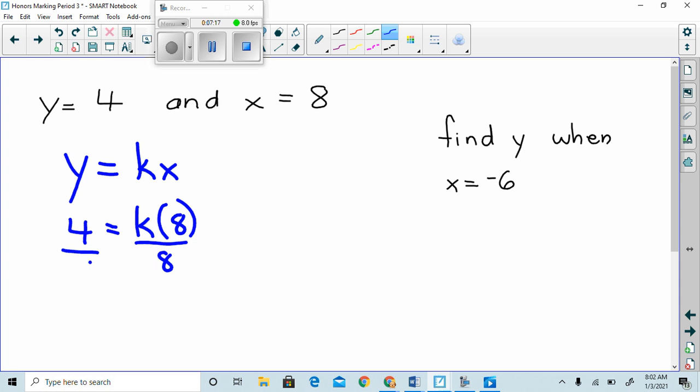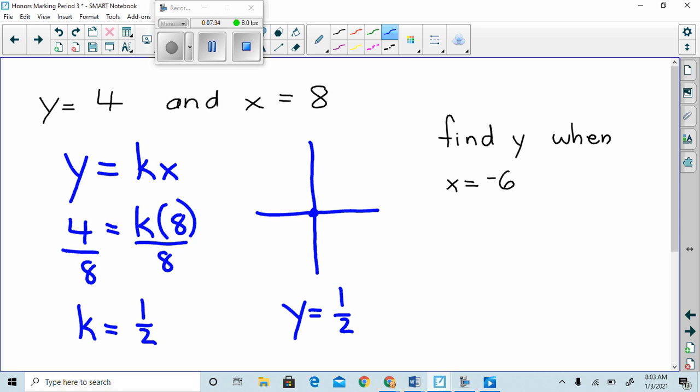Divide both sides, and I get constant of variation is 1/2. The equation that relates the two, y is equal to 1/2 x. The graph will always start at the origin. This is a positive slope telling me to go up 1 and over 2, up 1 and over 2, and there's your graph.